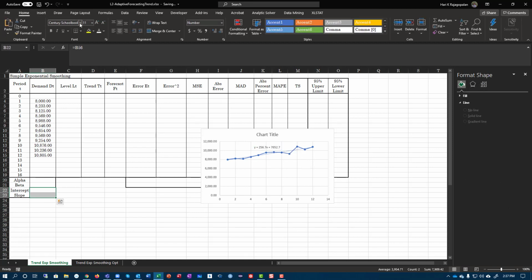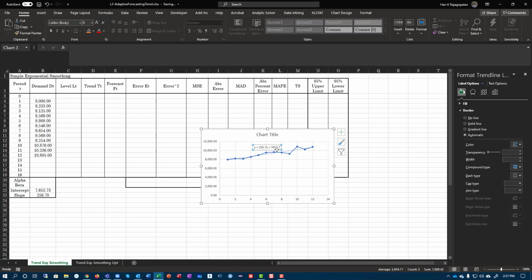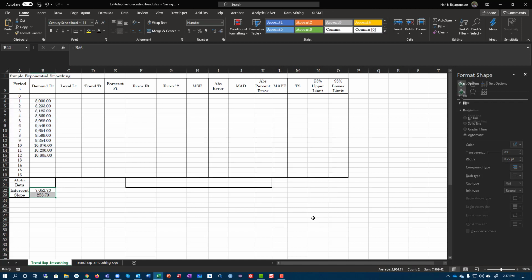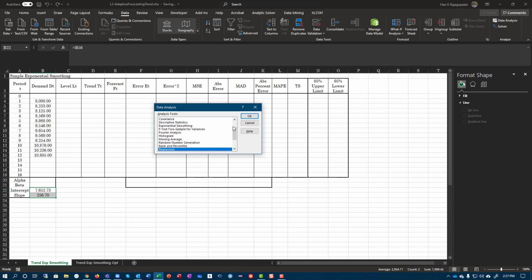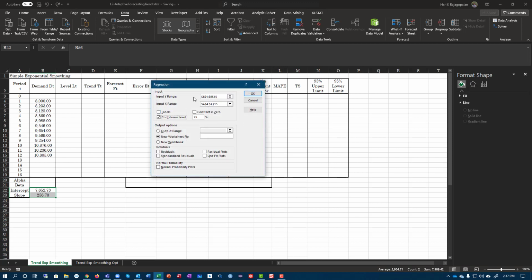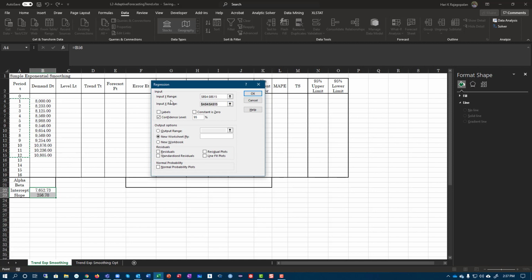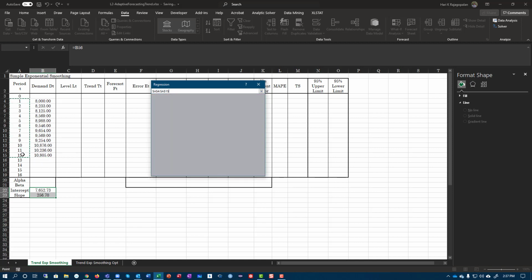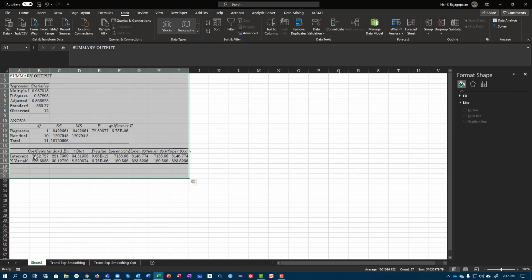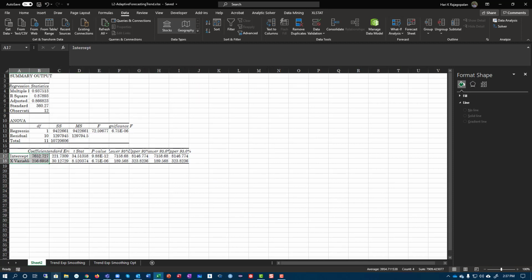So instead of running the regression, you can actually get this using that. Okay, so I'm going to remove the trend line. But if you want to do it properly, then you go to data, data analysis, regression, and here we go. We select this for the Y, this for the X, click OK, and you get the intercept and slope here. All right.